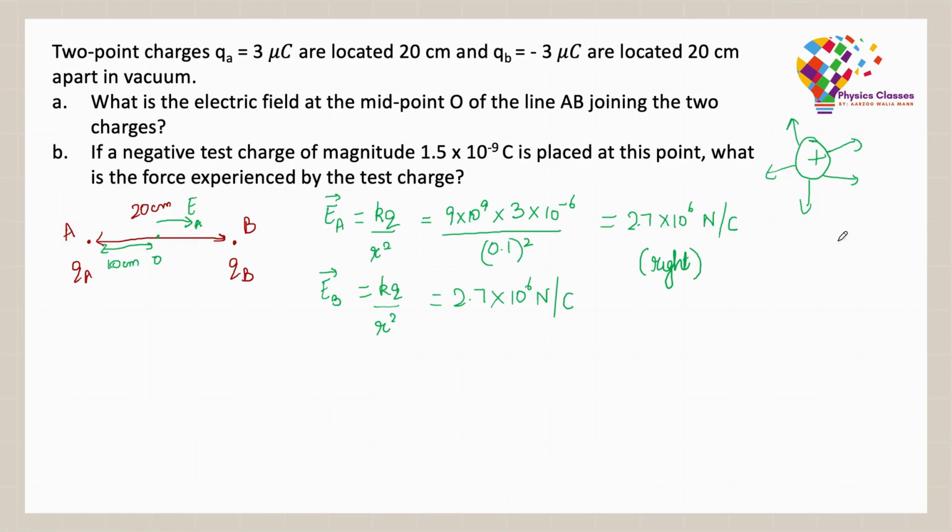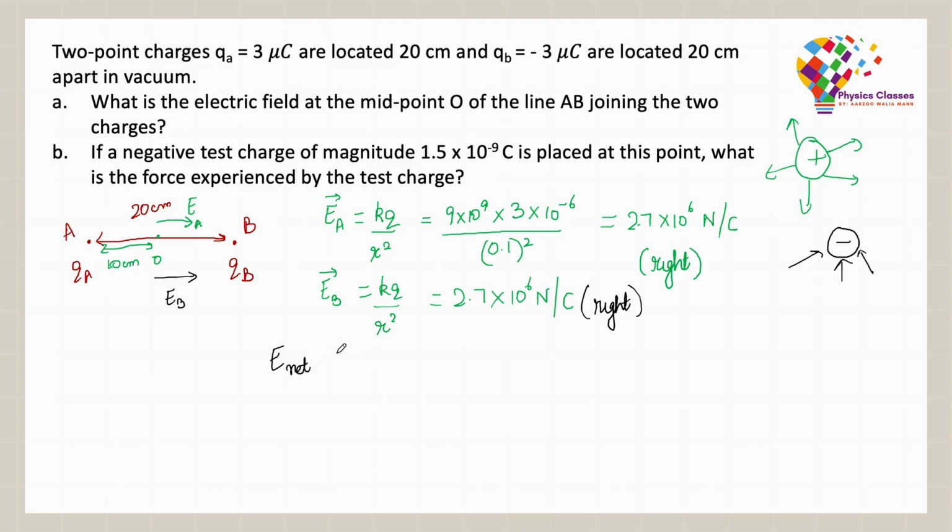Now, the question that arises is, what about the direction of this one? For a negative charge, the direction of field is always towards the charge. Therefore, the direction of field at point O due to this B charge will be towards the charge. So this electric field due to B charge is also towards the right.